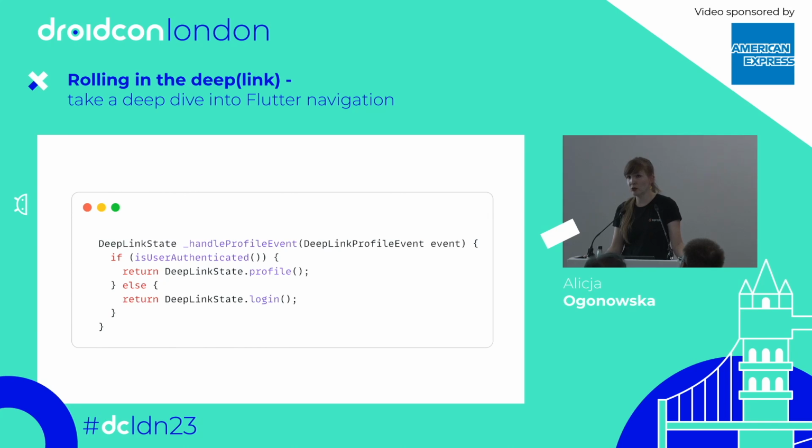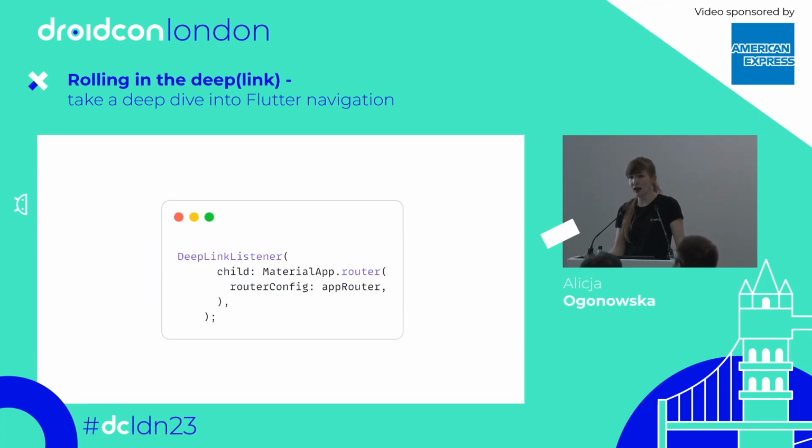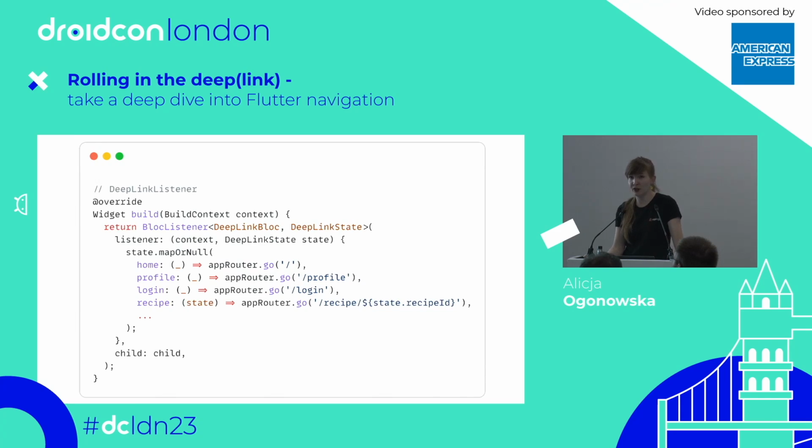And you can also do the so-called guards on your own. So for example, if the user is trying to access profile, you can check if they are logged in. If not, then you can navigate them to login. And then I just wrap my app with a deep link listener, and in here I check what kind of deep link I got, and I proceed with the navigation.